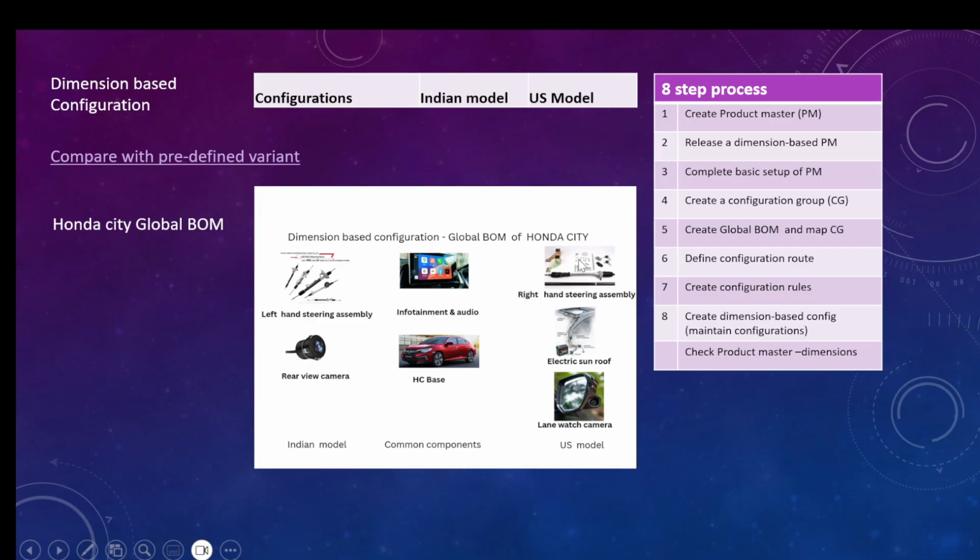The next is the US model, in which I'll be picking up the right-hand steering assembly kit, and it'll have an electric sunroof, and it'll have a lane watch camera component.